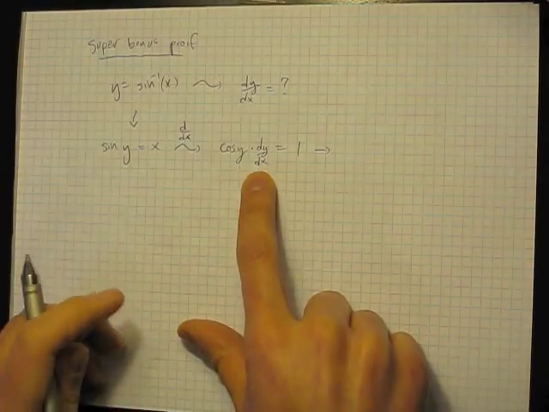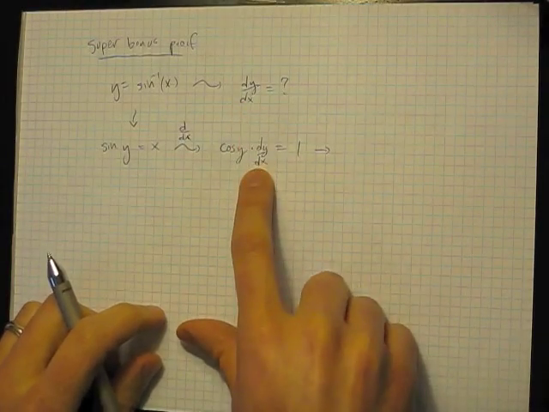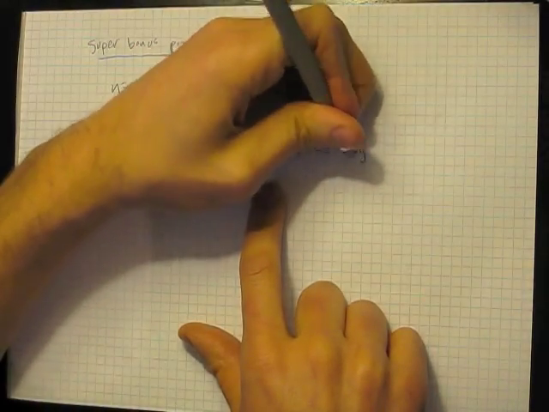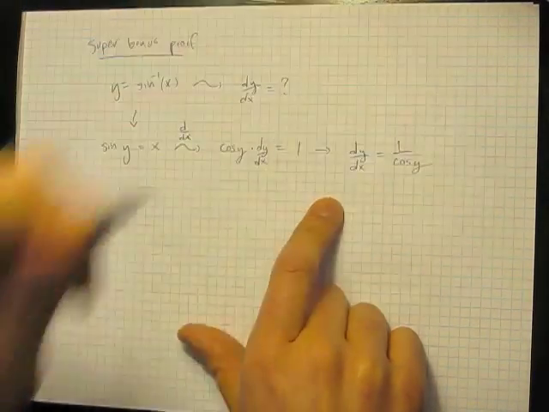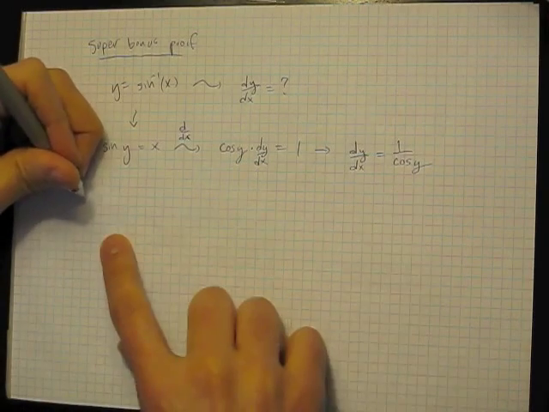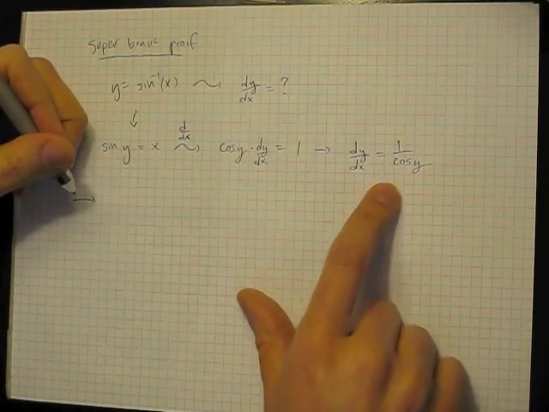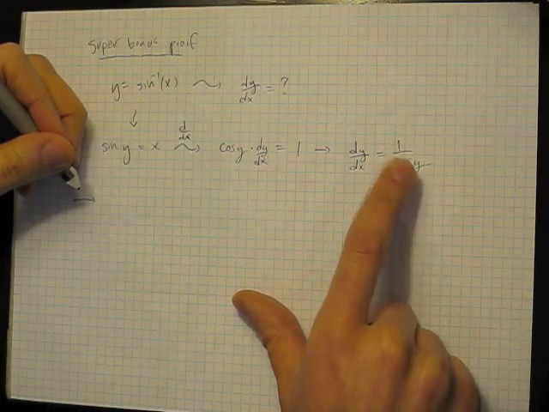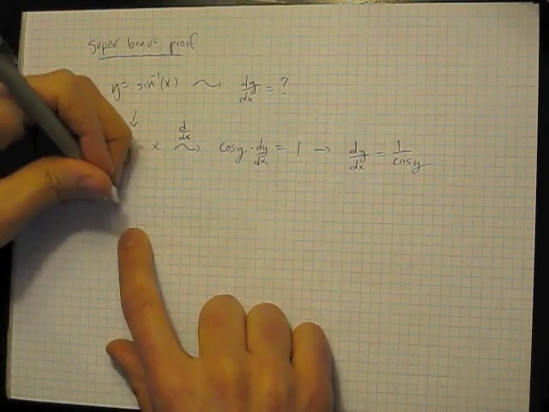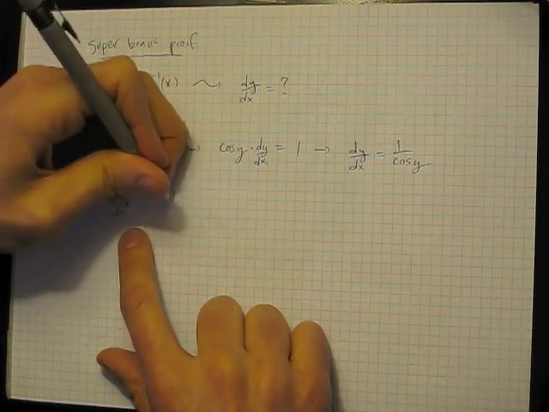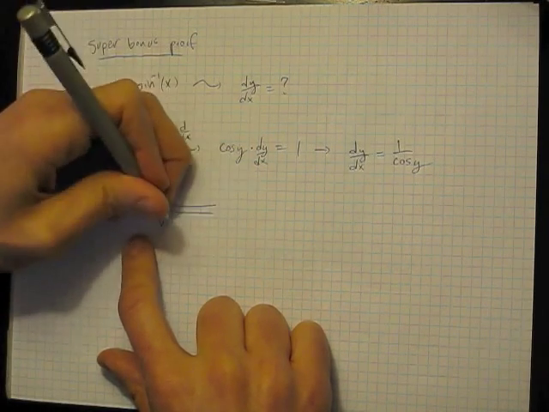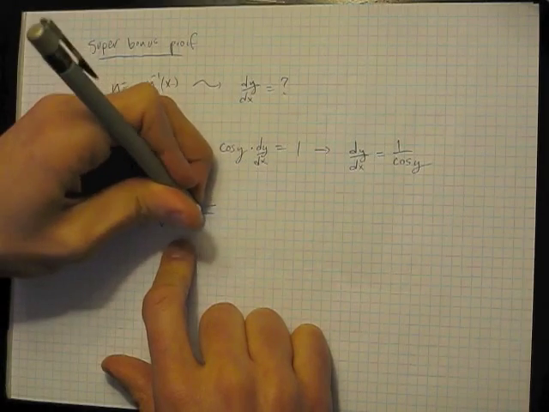Now this can be manipulated because we want to figure out what dy/dx is. So we just divide over the cosine of y like this. And now I'm going to take this relationship and rewrite cosine of y as the square root of 1 minus sine squared.